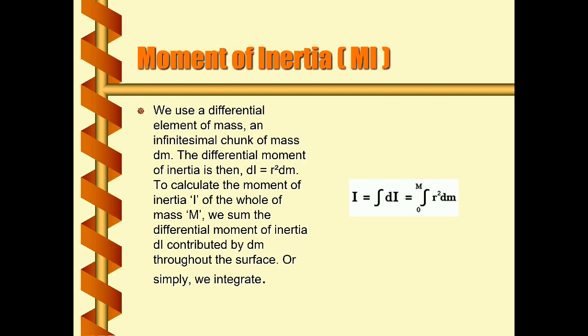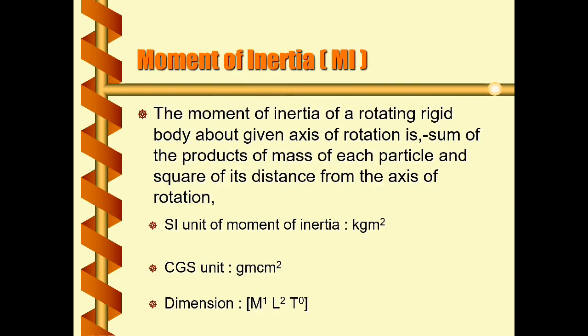We consider the body divided into n elements of identical mass dm. So moment of inertia is nothing but the sum of the product of the mass of each particle and the square of its distance from the axis of rotation.